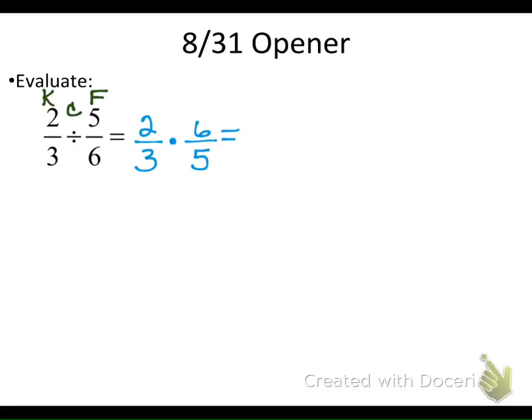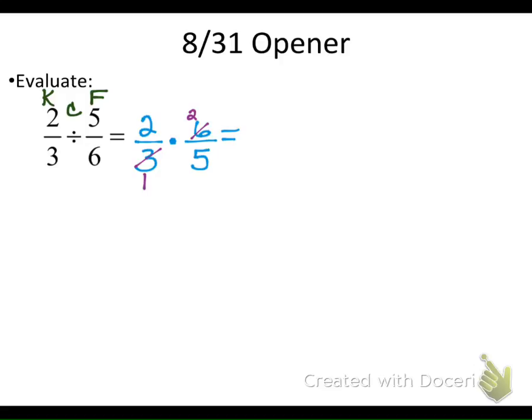Are they both divisible by the same number? Anything else besides 1? Nope. What about the 6 and the 3? Not by 2, but by 3. So what's 6 divided by 3? 2. And what's 3 divided by 3? 1. So now, once I cross these off, I put a new number in place.